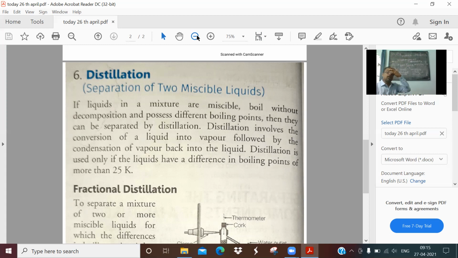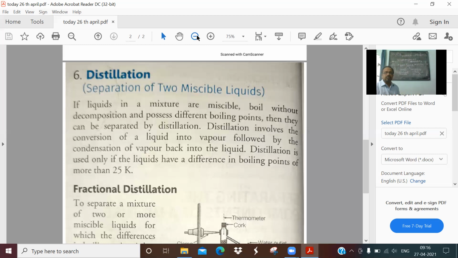So we just keep in mind the boiling point should differ by at least 3 to 4 degrees Celsius. Then easily this could be done. Anyway, you don't worry about this 25 K numeric given. Just keep the idea of distillation where two soluble liquids can be separated.